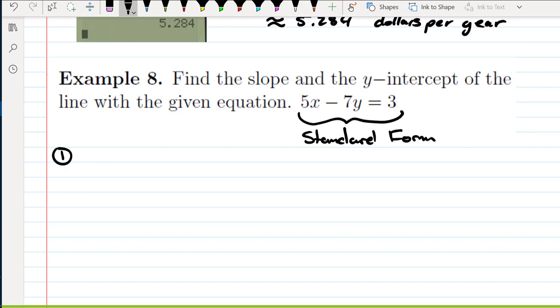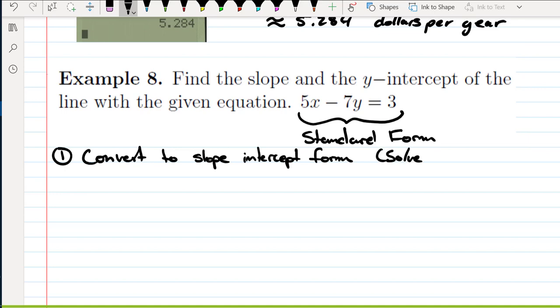So the first thing we're going to want to do is convert to slope-intercept form. So to do so, what we do is we solve for y. So in our case, we have 5x minus 7y is equal to 3.